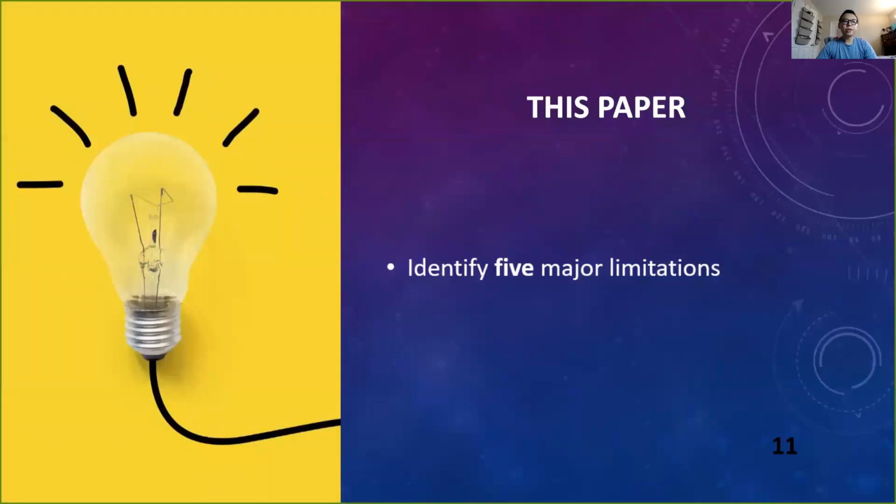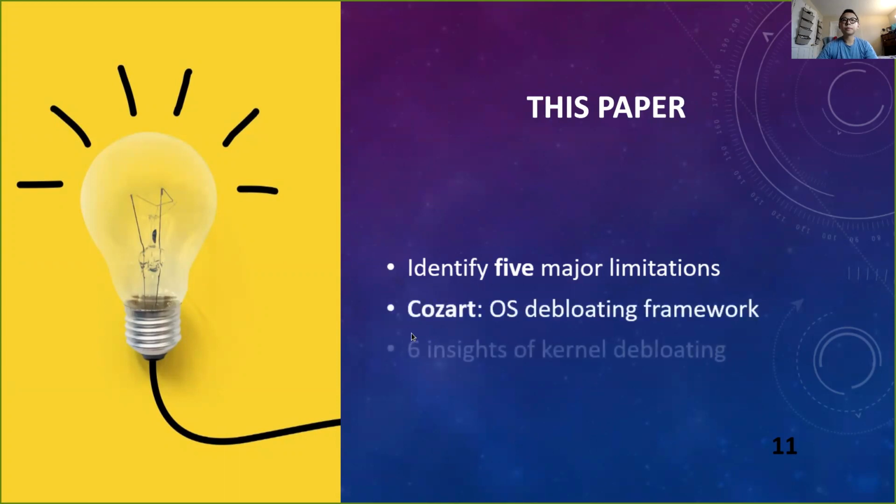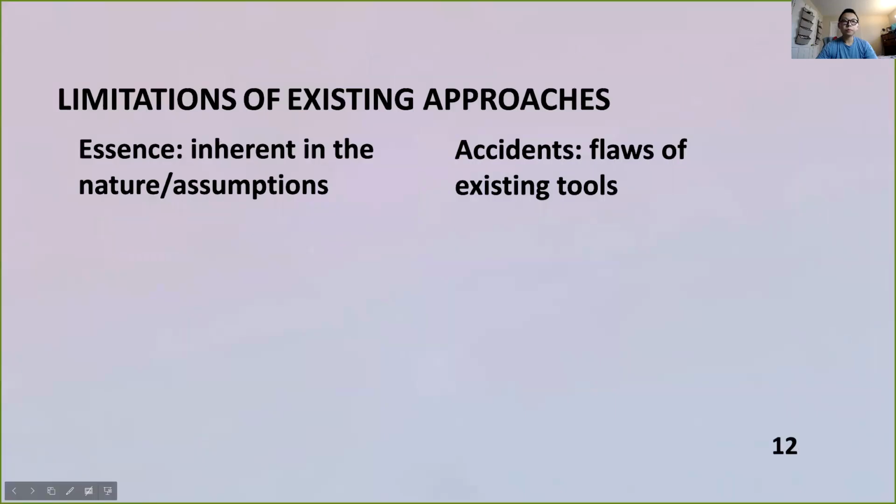This paper presents 5 limitations of configuration-driven kernel debloating techniques, and we designed a tool named COZART that addresses some of the limitations. Finally, we present 6 insights of kernel debloating that we have learned. Among these limitations, 3 of them are essential.